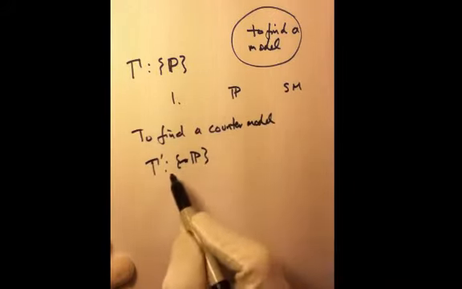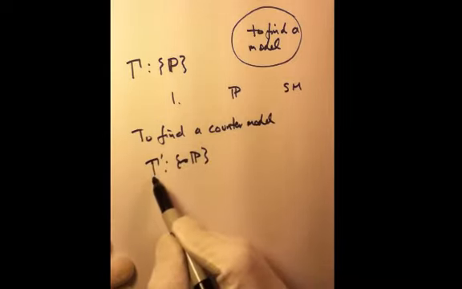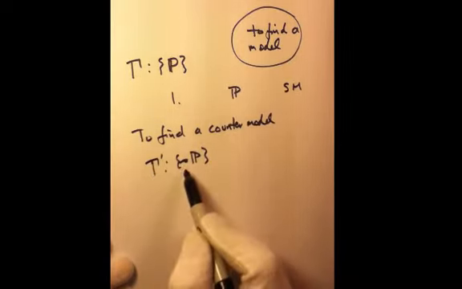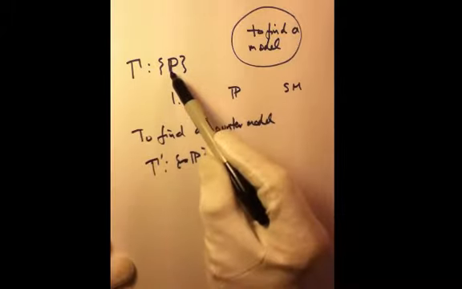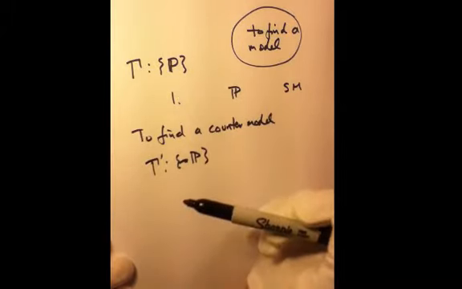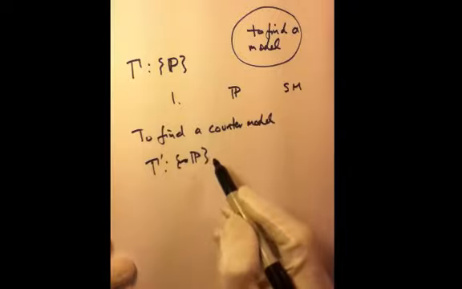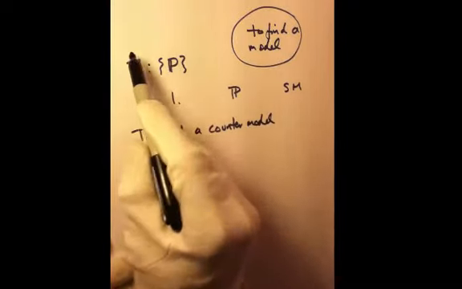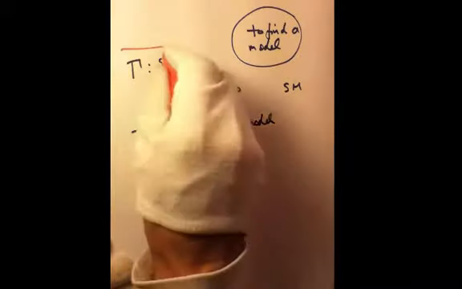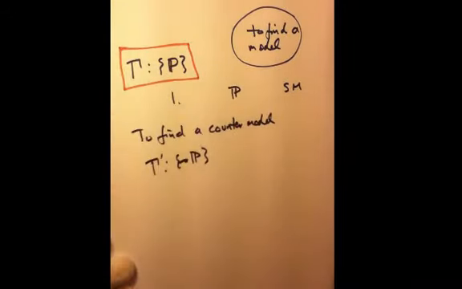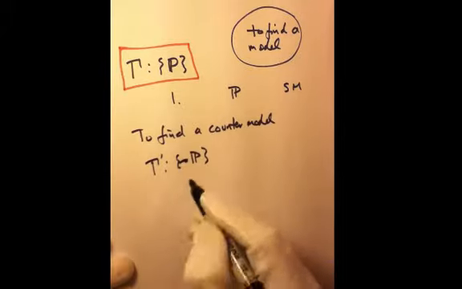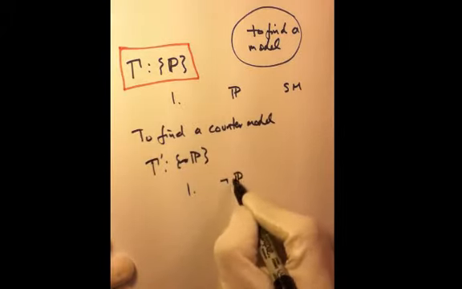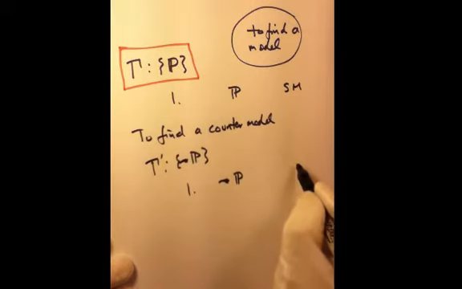Because if there's a model for gamma prime, then there exists an interpretation on which not P is true, which is the same thing as saying that there's an interpretation on which P is false. So, to find a counter model for this set gamma up here, what we would do is start a truth tree with the negation of the sentence.